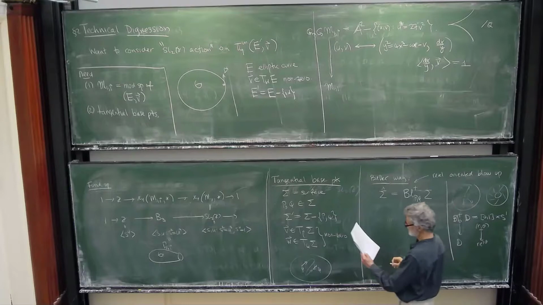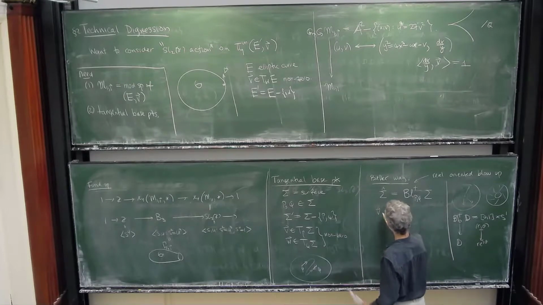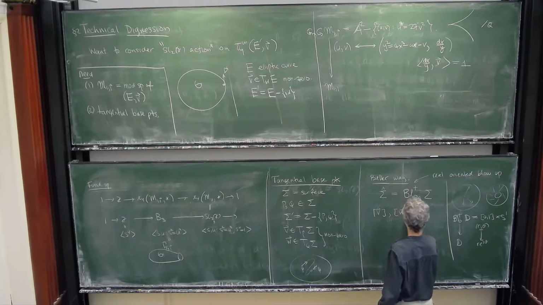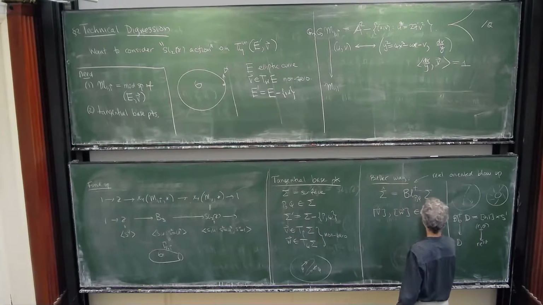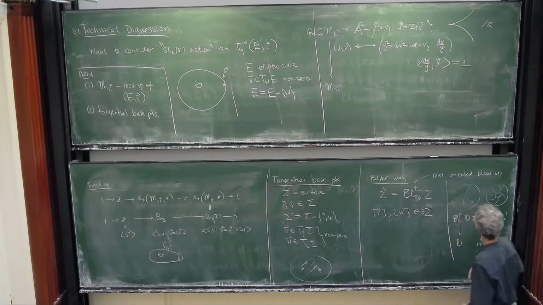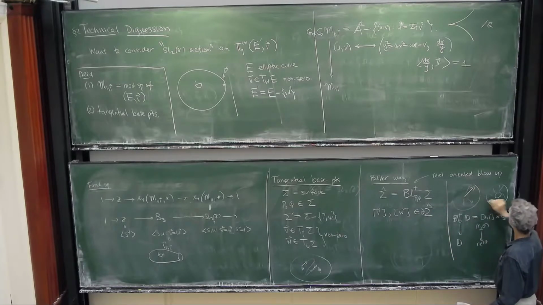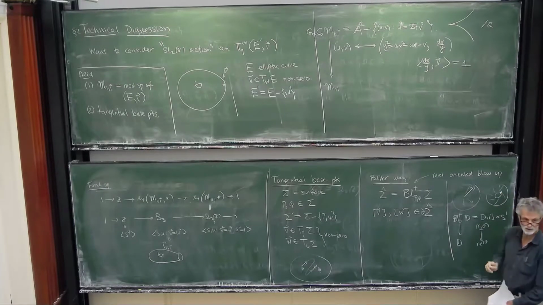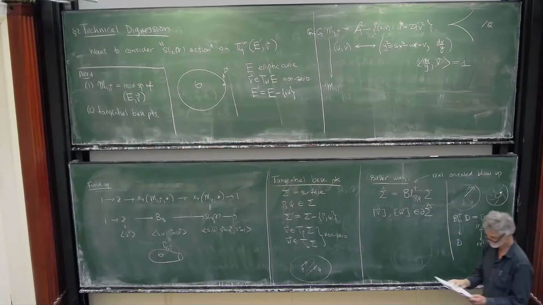And so then V and W will determine points. V and W are going to be in sigma hat. They're actually going to be in the boundary of sigma hat. So if I had a tangent vector here, it determines the corresponding point in the boundary.